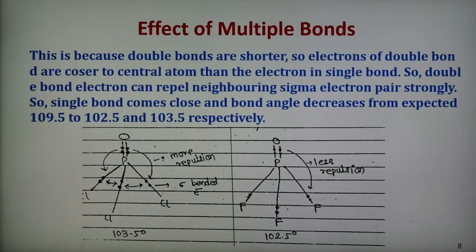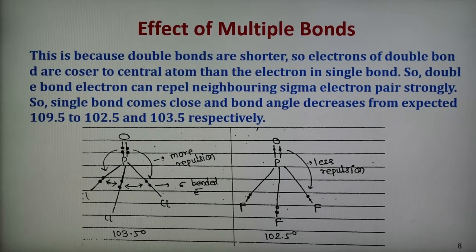In the case of the first example, POCl3, the single sigma bonded electrons are comparatively closer, so they get less compressed by the double bond, while in POF3, the single sigma bonded electrons are comparatively away, so they get more compressed by the double bond, causing the bond angle of 102.5 degrees in that case.